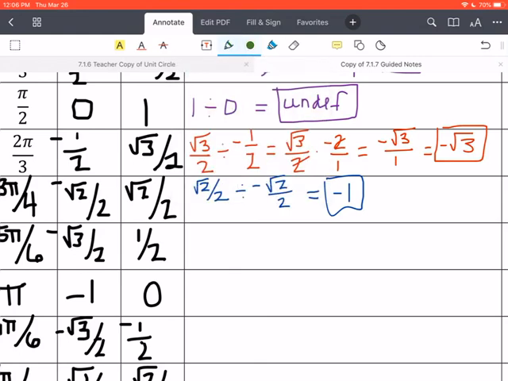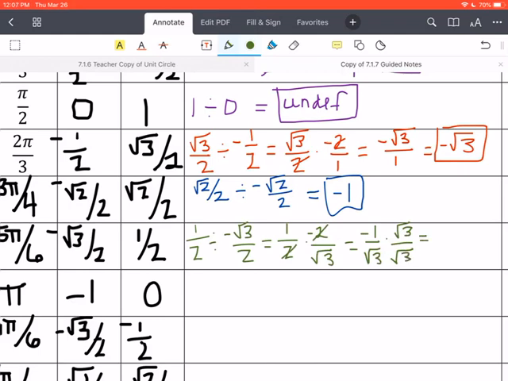For 5 pi over 6, we have 1/2 divided by negative root 3 over 2. When I have division of fractions, I am going to multiply by the reciprocal of the second fraction, but you can keep that negative on top. Okay, so then from here, I have my 2's that cancel out, but I have to keep the negative. Negative root 3 is on the bottom. So this is like the example they gave us where we need to rationalize. You have to, okay? That's just the rule of thumb in math.